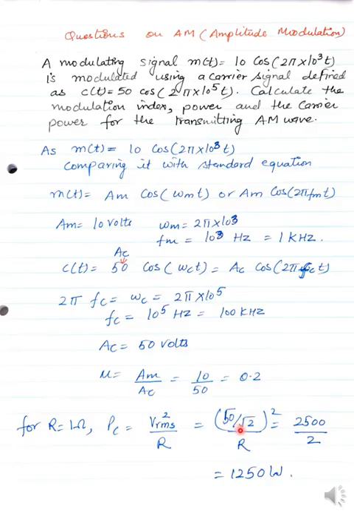So 50 divided by root 2 will be the VRMS for the carrier, and then R is 1, so it will be 2500 divided by 2. Just square it.